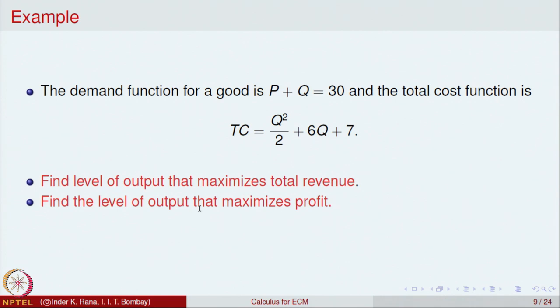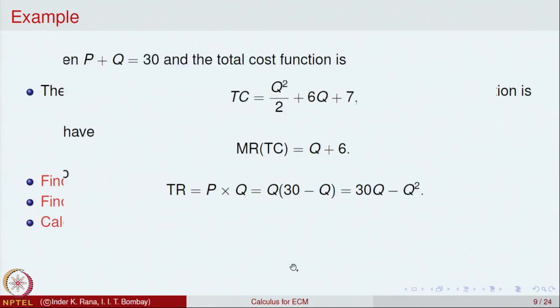We also want to find out the level of output that maximizes the profit, and then calculate MR and MC at these values. So, all this we want to do. Let us try to solve the first one, try to write the revenue.